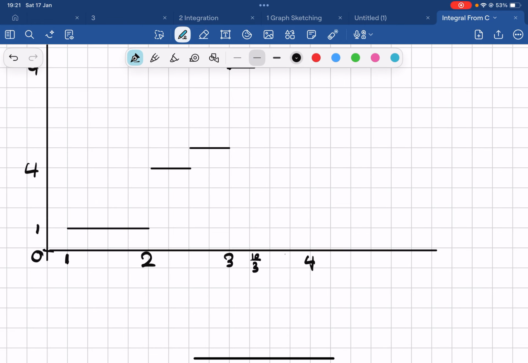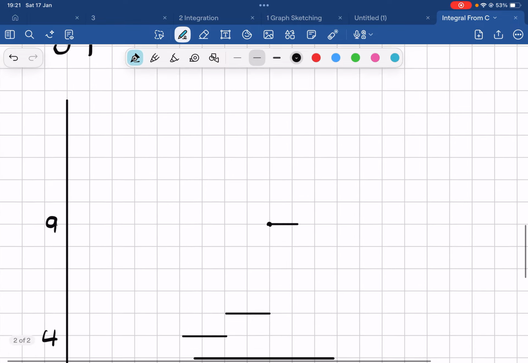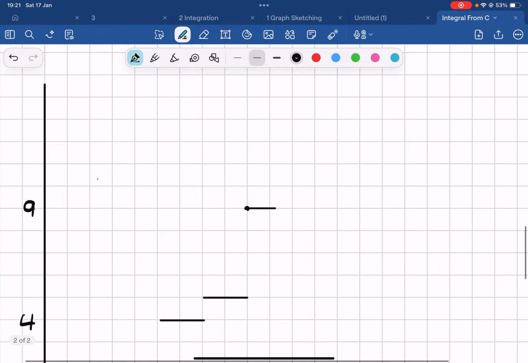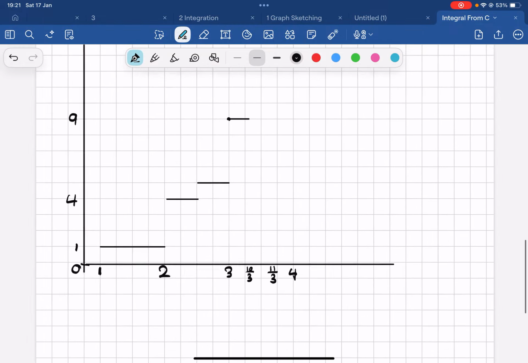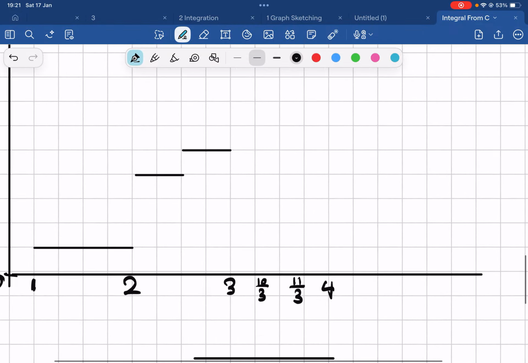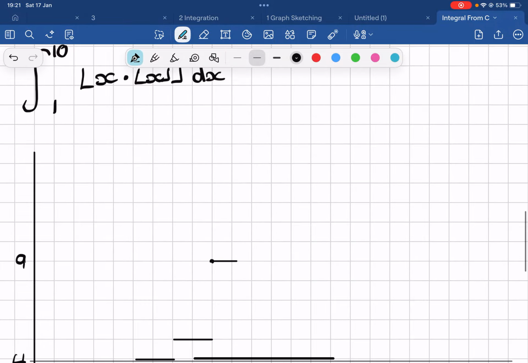So this would happen to 11 over 3. Why is that? Well, if you have 11 over 3 times 3, we have 11. So we need to sketch between 10 over 3 and 11 over 3.